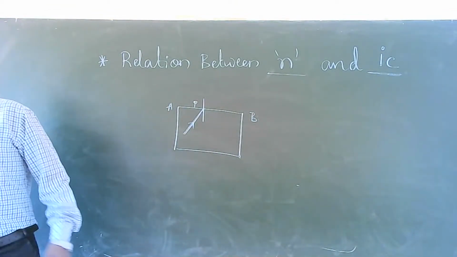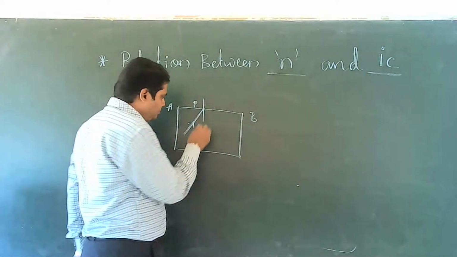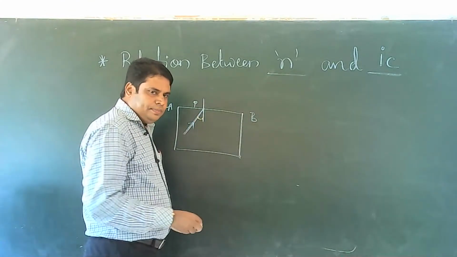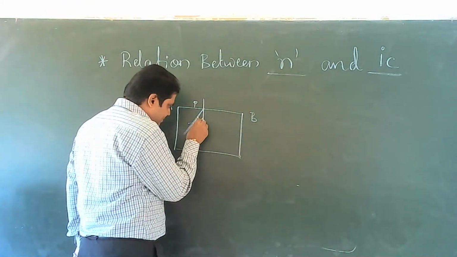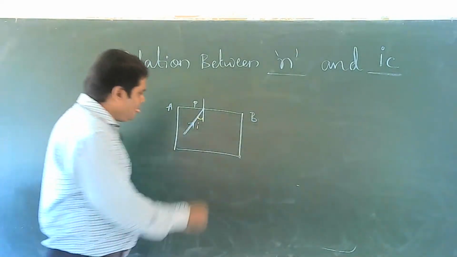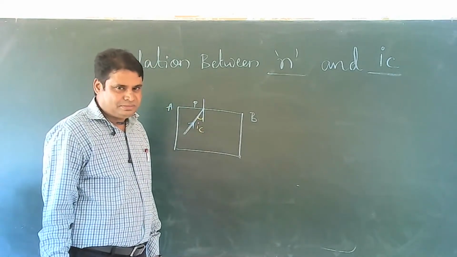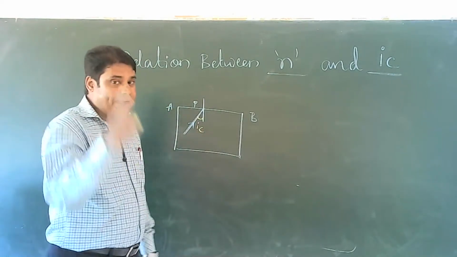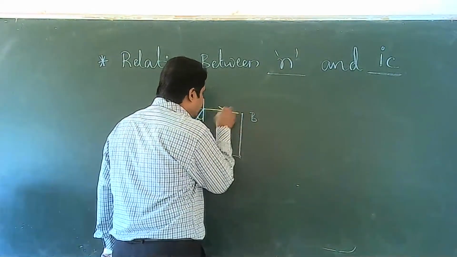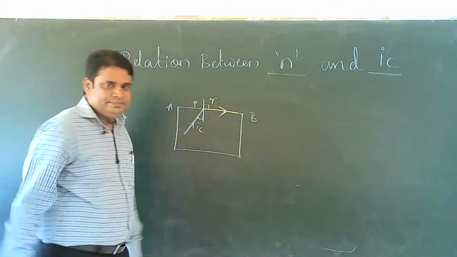We know that if the angle of incidence is the critical angle, then your refracted ray will travel along the surface, making an angle of 90 degrees.